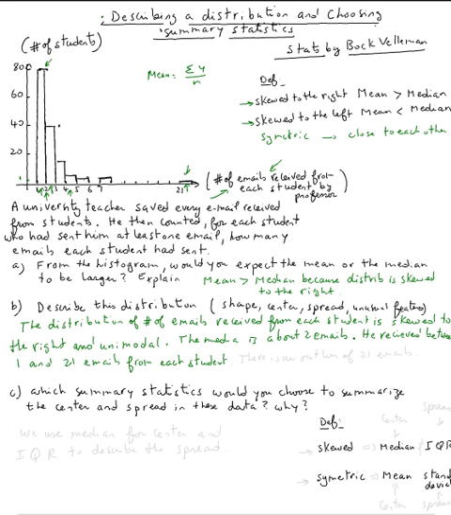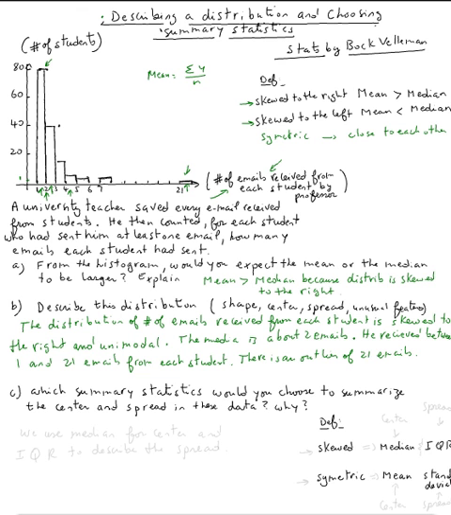Means there's one email, and there's an outlier. Well, before we talk about the outlier, that's the spread. And then the unusual feature is there's an outlier of 21 emails. So one student sent 21 emails.